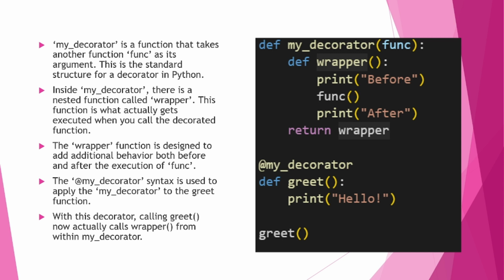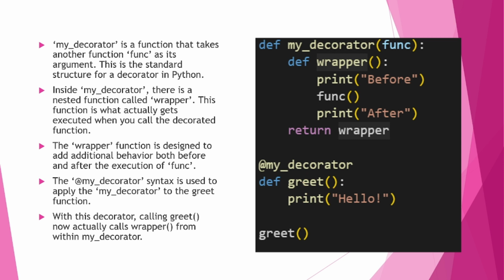The wrapper function is designed to add additional behavior both before and after the execution of this func function, which serves as an argument in the decorator, and then the wrapper is returned.